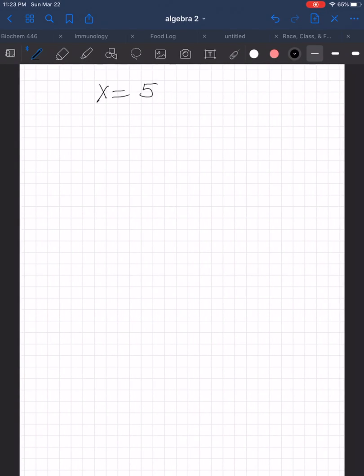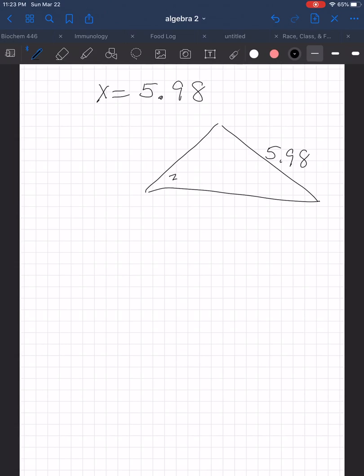So x would be equal to 5.98. So now in the triangle, I have this is 5.98, this is 36, 7, 10, Y, and M.